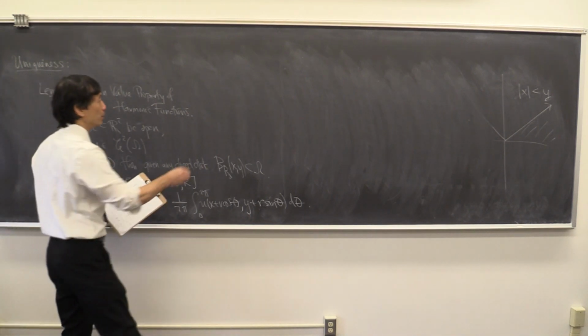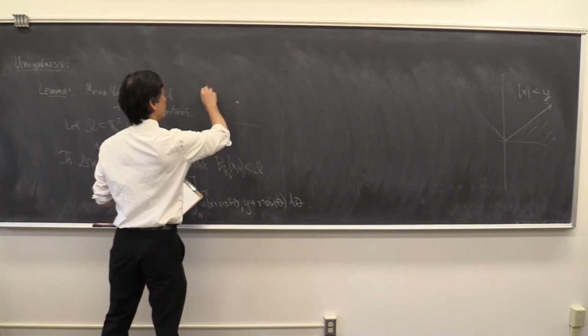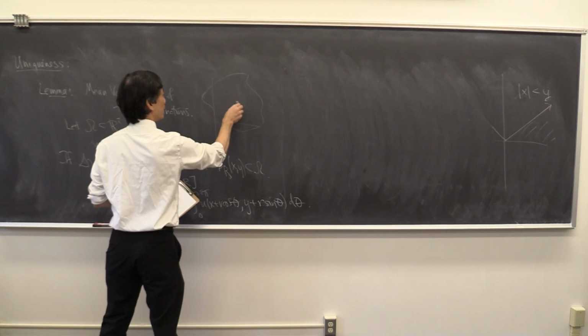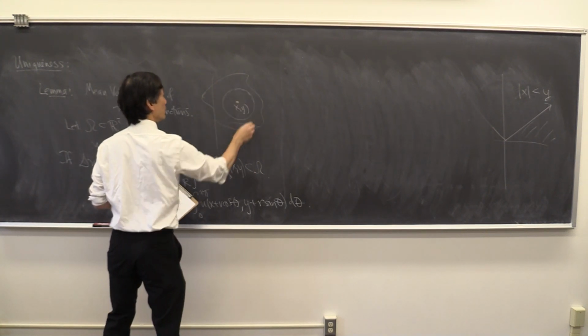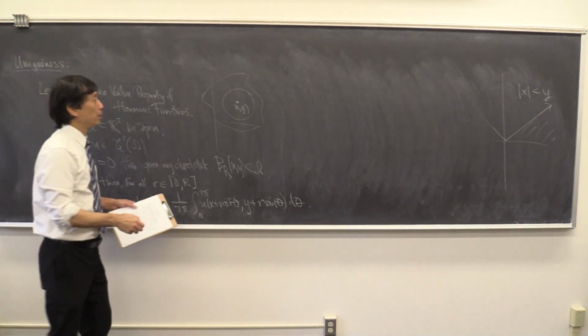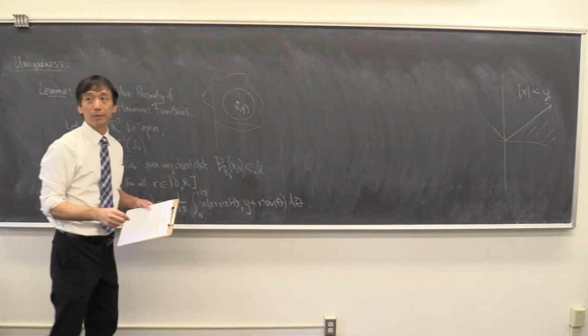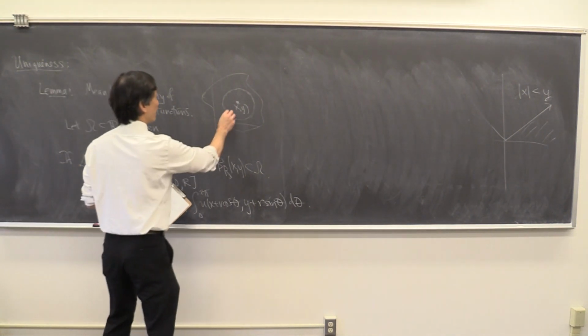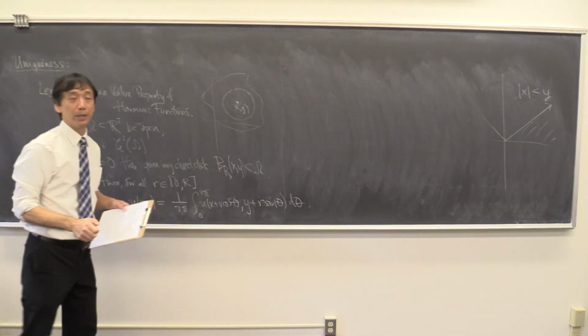Okay, so this is pretty cool, right? If you're harmonic in some domain, and there's some disk in the domain, then the average value over the disk equals the value at the center. So the average value over every disk is going to be the value at the center.